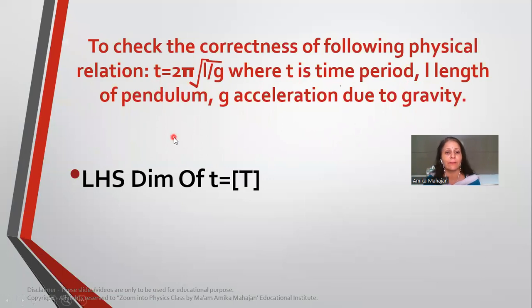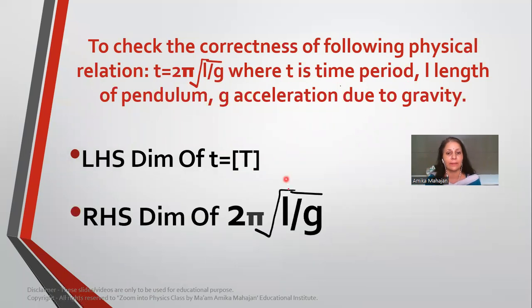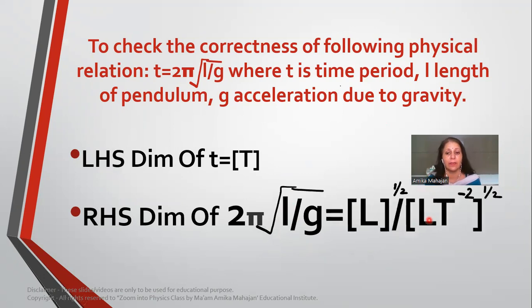So first of all, take left hand side, dimensions of time period will be capital T. Now take right hand side, 2 pi square root of L by G. This can be written as 2 pi (L by G) whole power half. This square root represents half power. Now we can write dimensions of length and G. So length is L. G is L t to the power minus 2, because it is in square root, so whole power half.